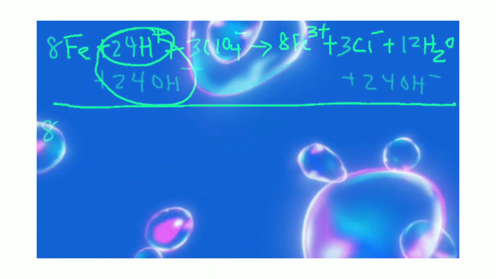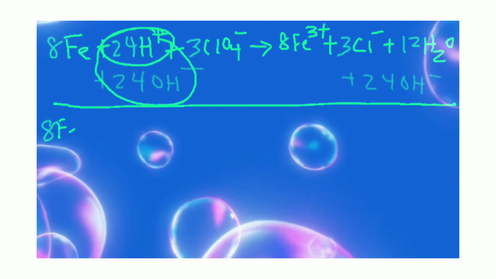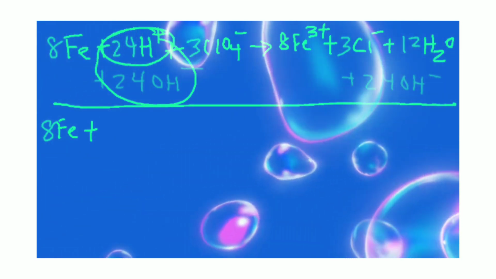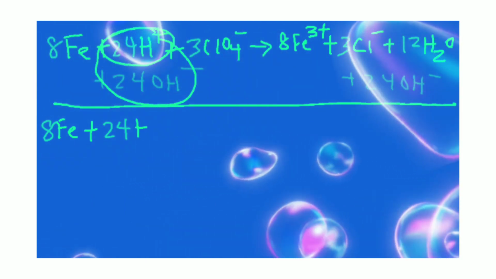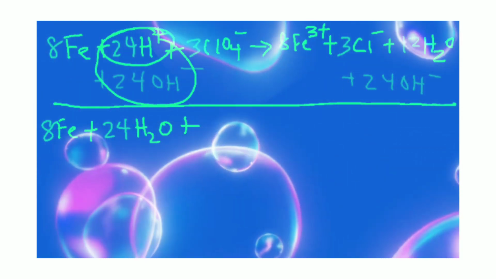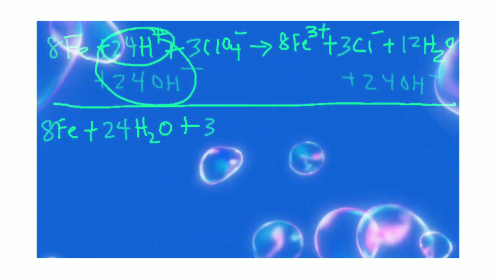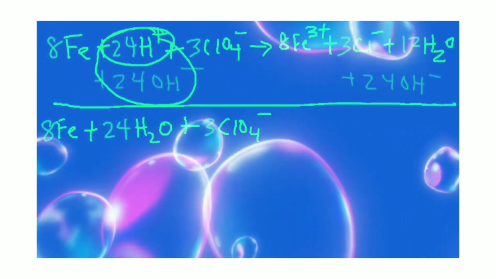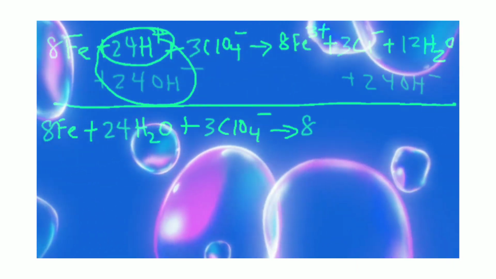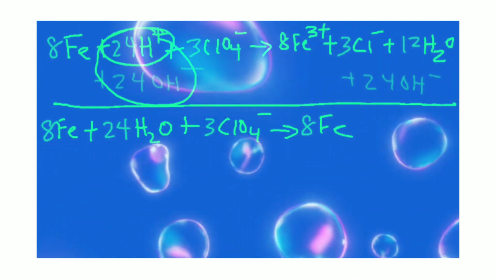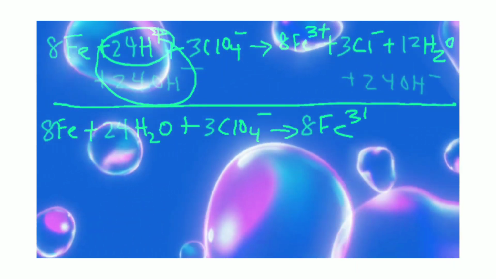So we're going to have 8 Fe plus 24 H2O molecules, and everything else is going to be the same. But on the right side, we're going to have an extra 24 hydroxide ions.